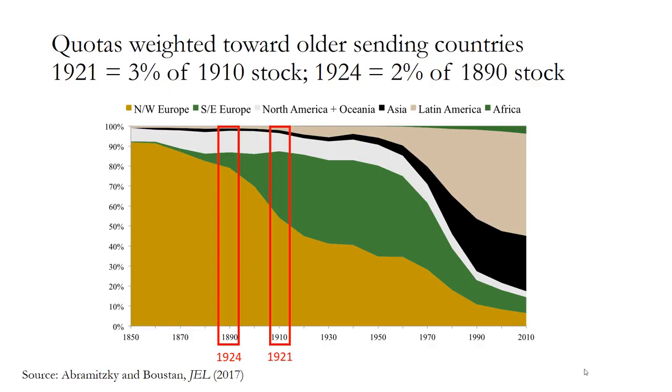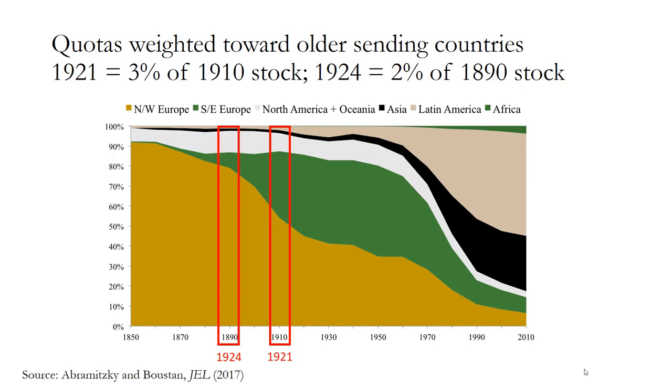Here I'm just showing you the stock in 1910 from Northern and Western Europe and the stock from Southern and Eastern Europe, and then the balance is coming mostly from Canada. If this policy had been the one that prevailed, then around 50% of the quota slots would have been allocated to Northern and Western Europe, and 50% roughly to Southern and Eastern Europe.